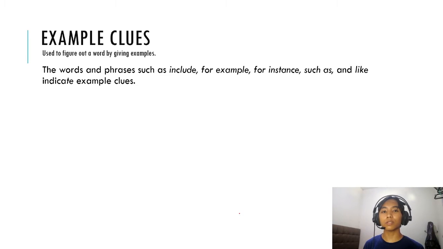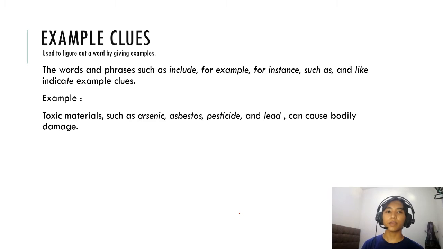The words and phrases such as include, for example, for instance, such as, and like indicate example clues. Example: toxic materials such as arsenic, asbestos, pesticide, and lead can cause bodily damage. Right? Bodily damage.